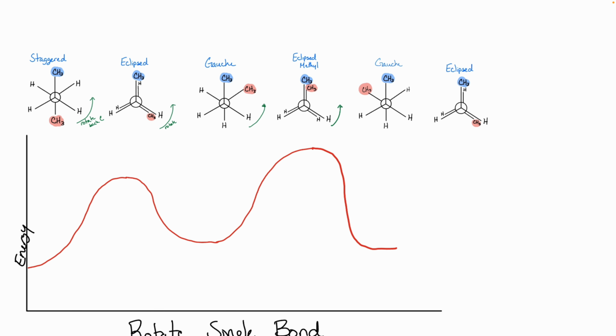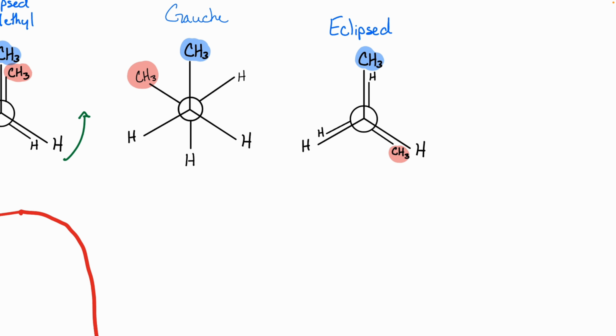All right, if I keep going, I get another eclipsed structure, but with my methyl group over here.